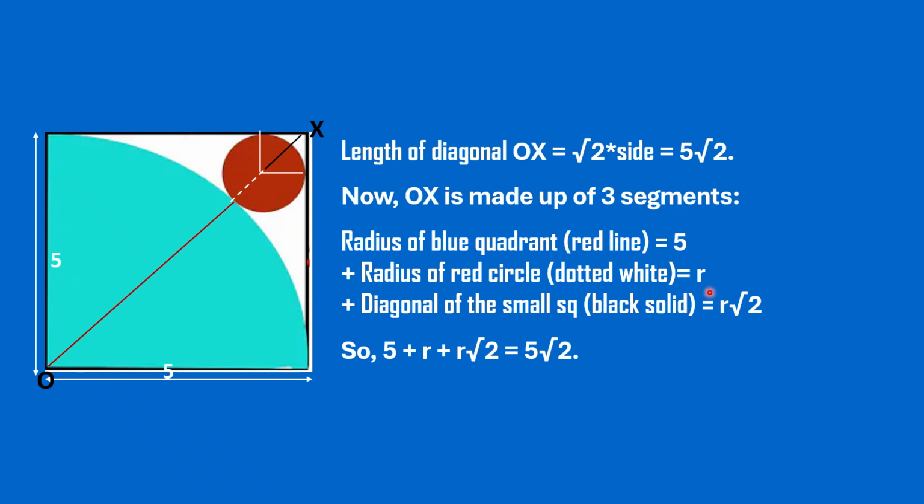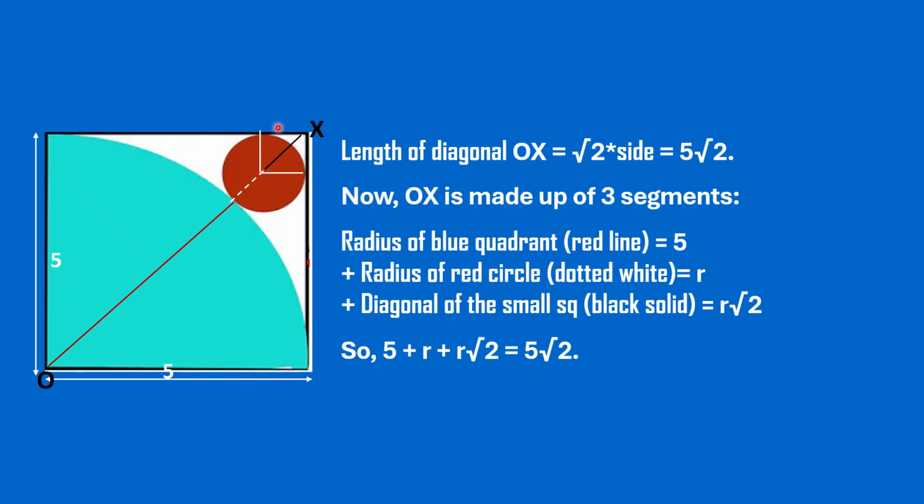So the total 5 plus R plus R root 2 should be equal to the diagonal OX, that is 5 root 2.